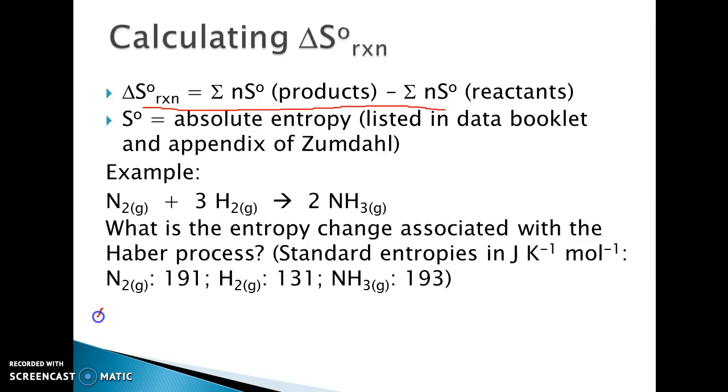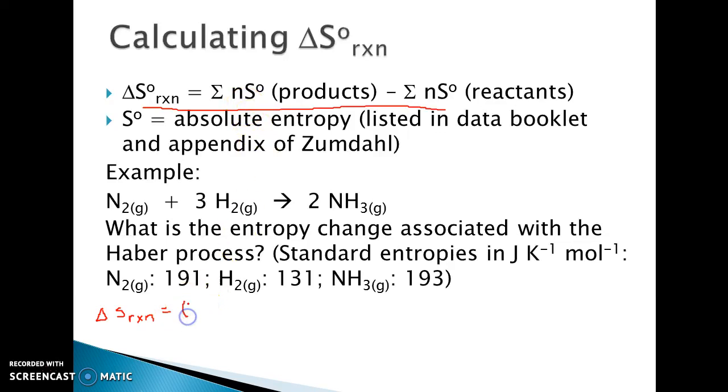So remember, when you're doing any kind of problem, especially on a quiz or test, it's always a good idea to write the formula first. So you should write this formula out, and then below that do the work. I need to add up all the entropies of my products, and I'm going to multiply by the number of moles in the equation.